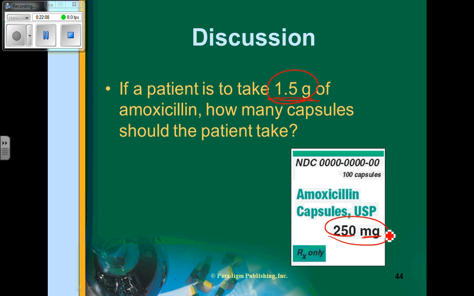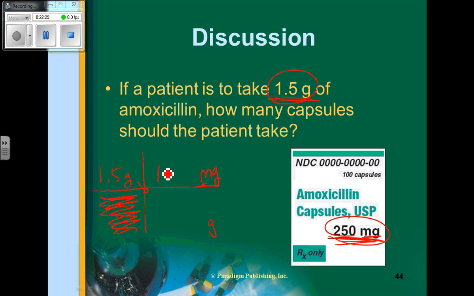Okay, so you want to take 1.5 grams and you want to convert it over to milligrams because that's the way it comes stocked in the pharmacy. And then if you have grams here, you're going to have grams here, nothing in this corner. Okay, look in your chart.